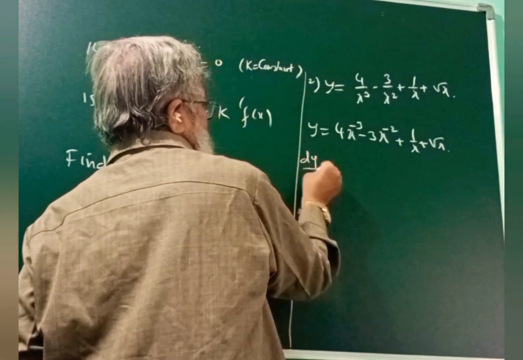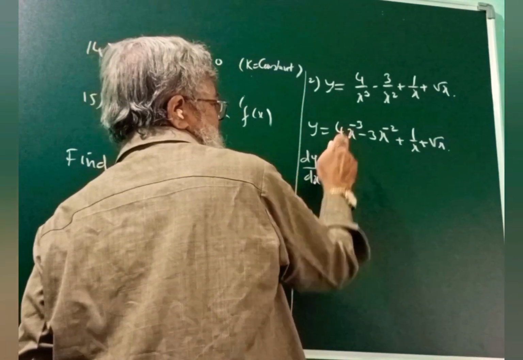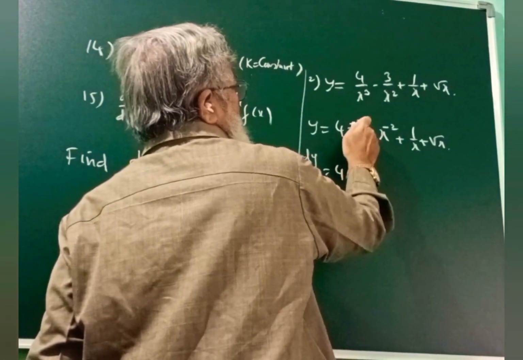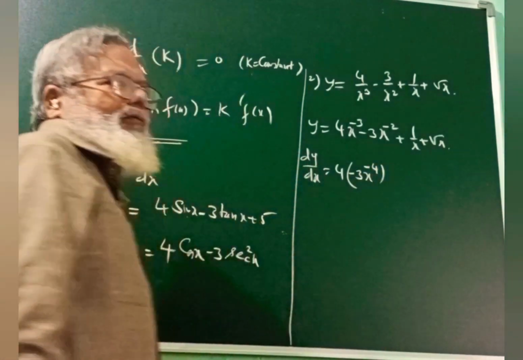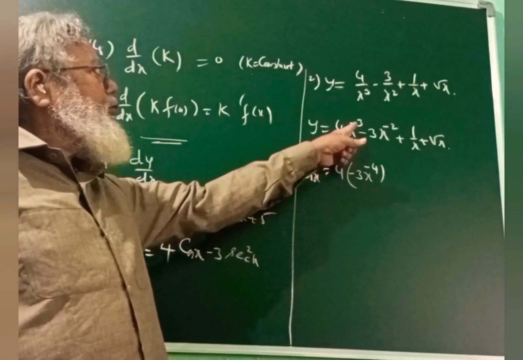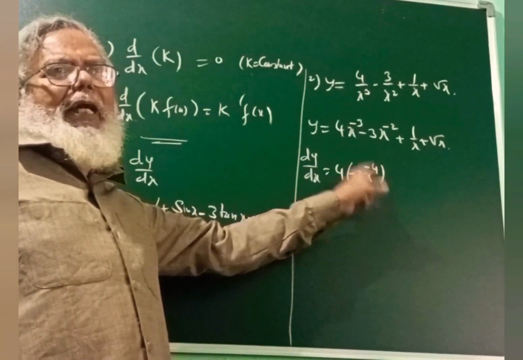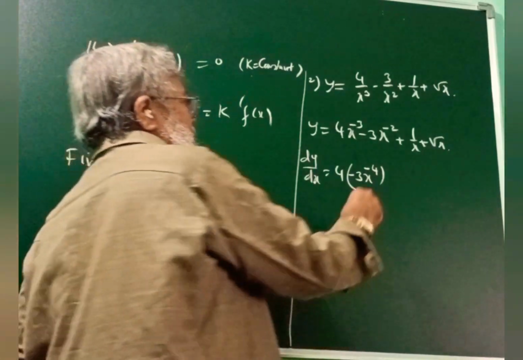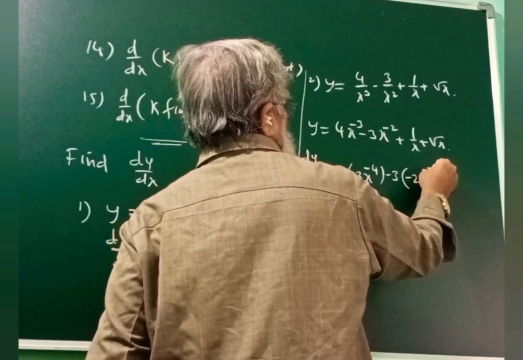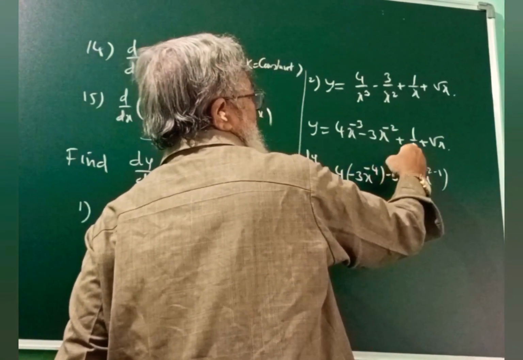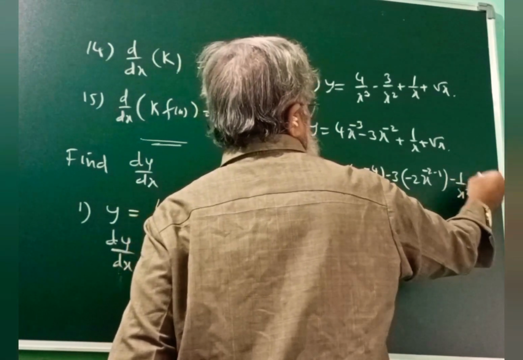dy by dx. Now in this function the constant is kept as it is, and x raised to n becomes x raised to n minus 1, so it is minus 3 minus 1, which is minus 4. Similarly here also, minus 3 into minus 2, x raised to minus 2 minus 1, and differentiation of 1 by x is minus 1 by x square.